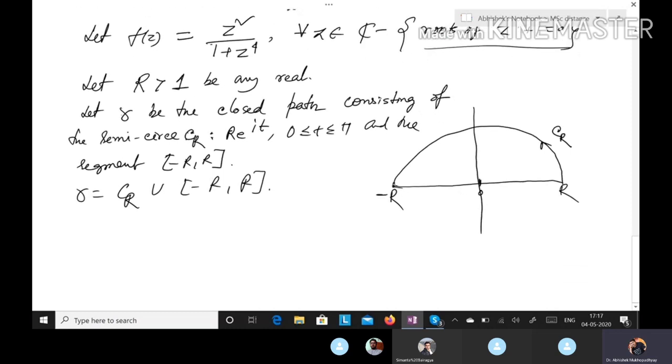This is gamma, our simple closed path in the domain of definition.